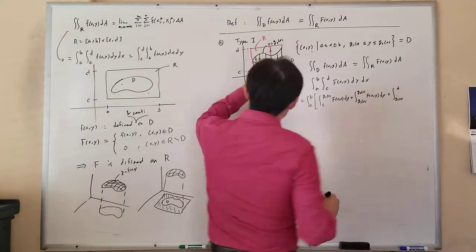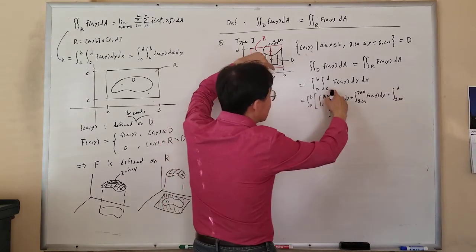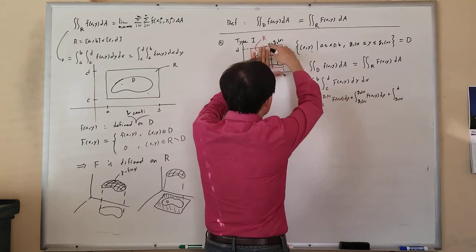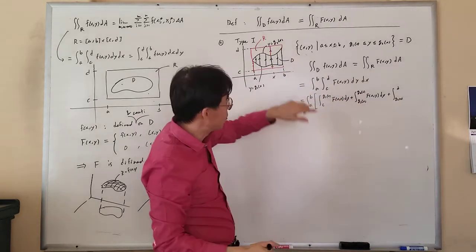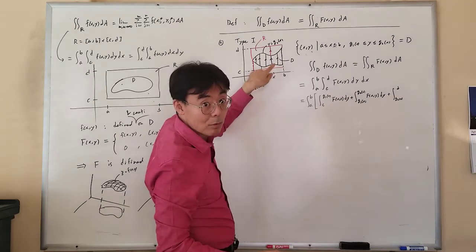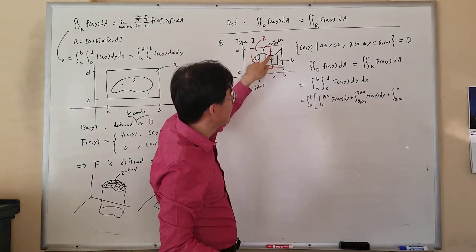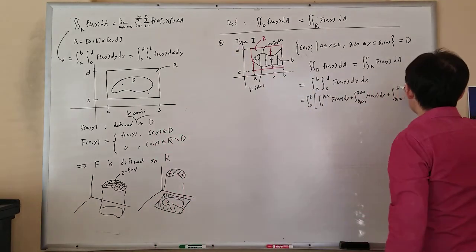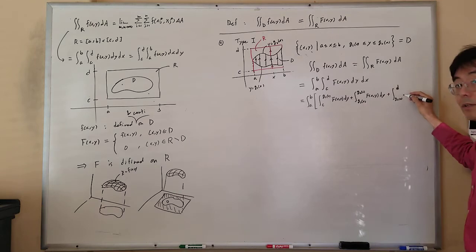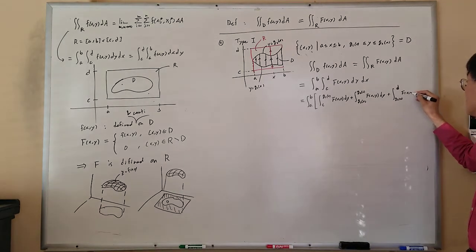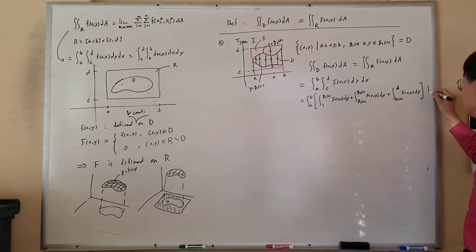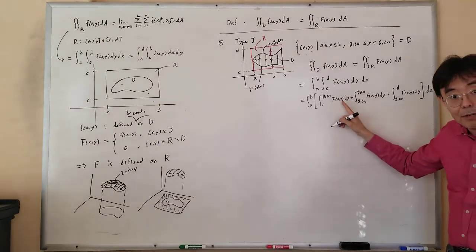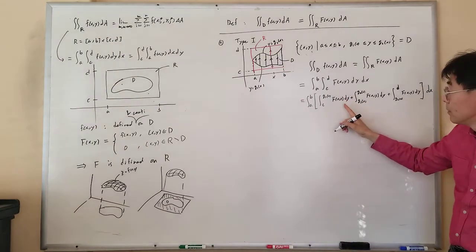So for a given x, this inside integral is along this path. x is fixed and y runs from here to here. I split it into three regions: from c to g1 of x, g1 of x to g2 of x, and g2 of x to d. This is the usual split of an interval. With dy and then dx, x is some fixed value and y is the integrating variable.